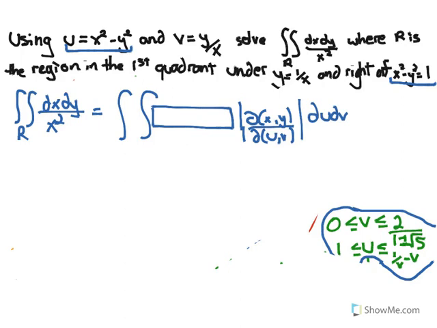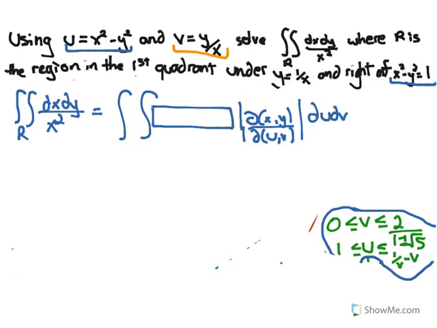However, in this particular question, here's where the real trick comes in: it's going to be very difficult to explicitly solve for x or y in terms of just u and v based on these two equations. Because one has an x squared and the other has an x, and one has a y squared and the other has a y, it's going to be very difficult to explicitly solve for x or y just in terms of u and v.